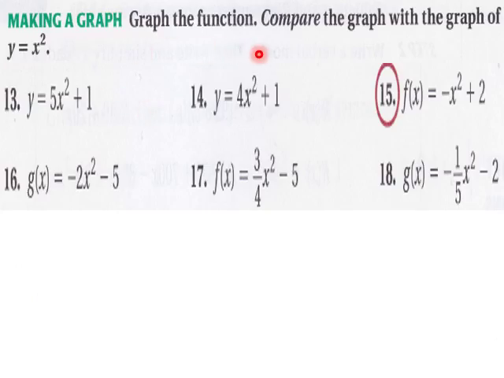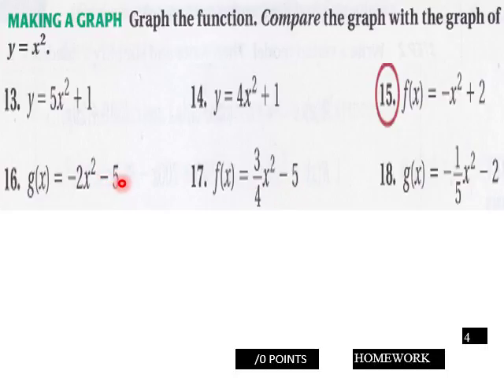And then graph the function, compare the graph with the parent. Here's your parent function. And now we have a vertical translation with that. These are vertical translations. If you don't know what those are, you should know those by now.